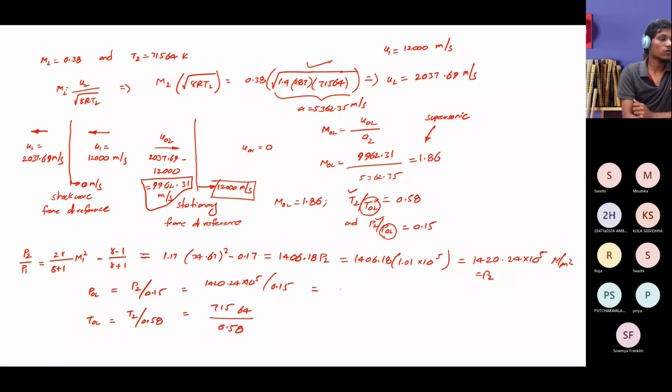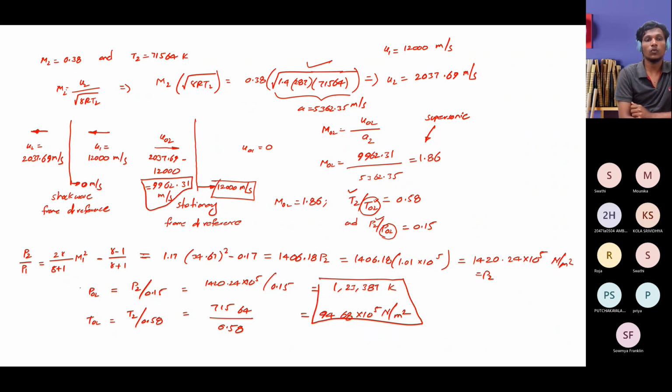Upon simplifying this, you will get T02 as 123,387 kelvins. This is a very high temperature, not a realistic one. And P02 you will get 9468 times 10 to the power 5 Newton per meter square. So these are the solutions of this problem.